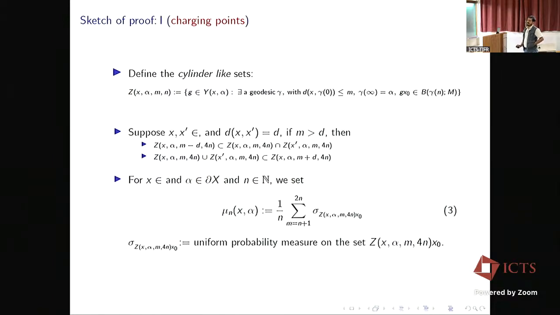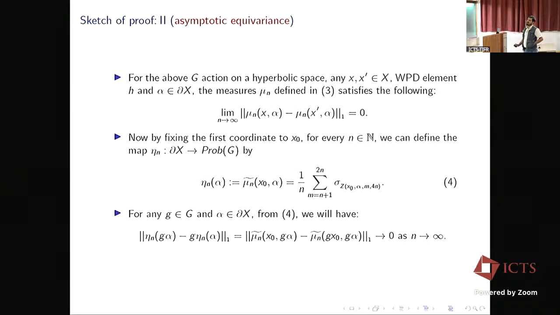And then this is the uniform probability measure, just like I mentioned earlier. So we consider these sets and we consider uniform probability measures. And for this, we take one further round of average, kind of a Cesaro mean of these things.